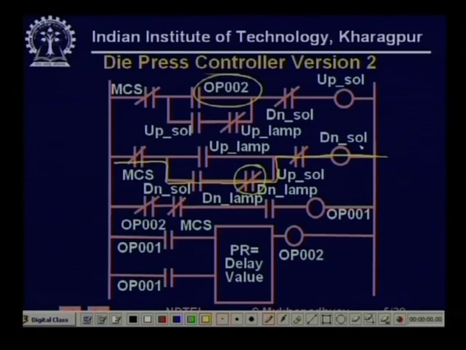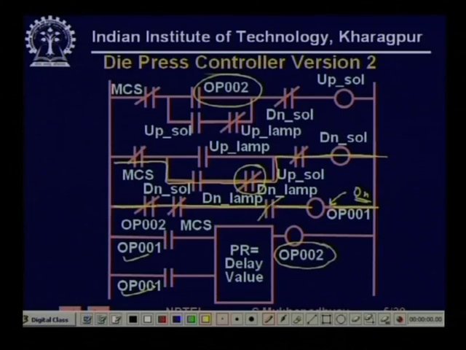Now look at this. Initially OP002 is off. Therefore this is off, and MCS, the master switch, also becomes off. Initially supply was coming up to this. Now the down lamp has become on, so immediately OP001 becomes on. When OP001 becomes on, the timer is enabled and it is timing.